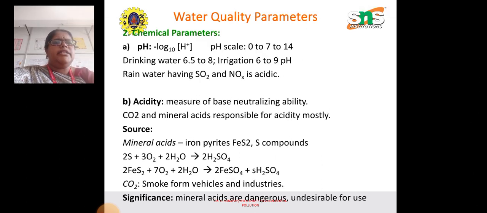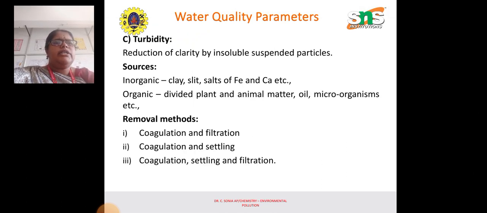Next is turbidity, the reduction of clarity by insoluble suspended materials. Turbidity means the light passed through the water will not come out as such in the other direction.